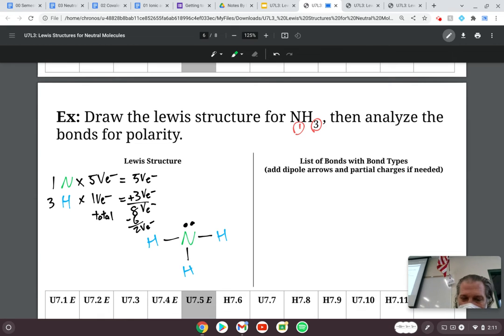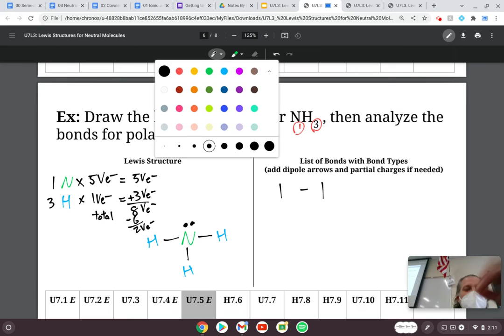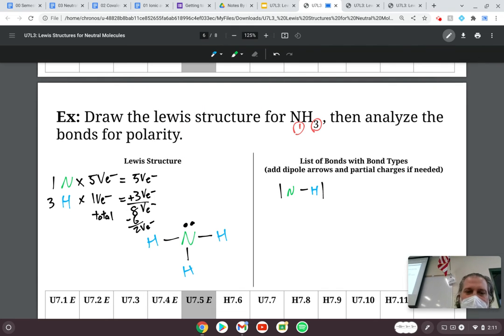So we now need to identify, that's actually the correct structure. We now need to identify what type of bond is present. So I have a nitrogen and I have a hydrogen bond.